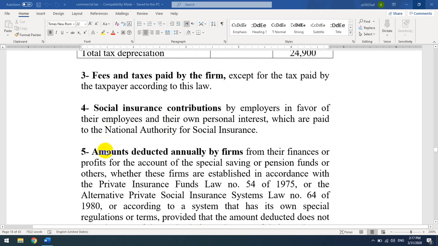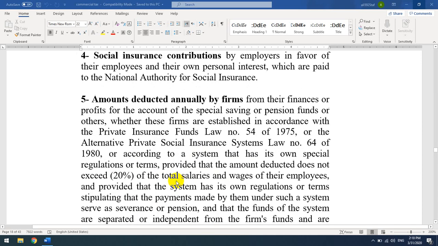Amounts number 5. Amounts deducted annually by the firm from their profits for account of special saving or pension funds or others. This amount has to be limited to not exceed 20% of the total salaries and wages of their employees.